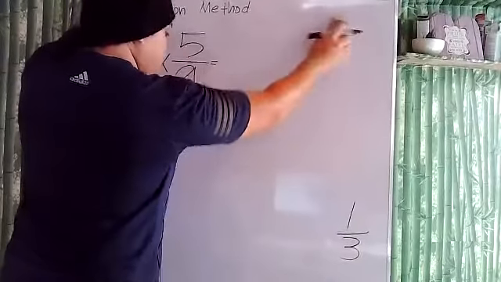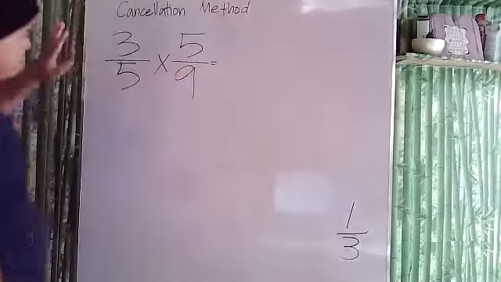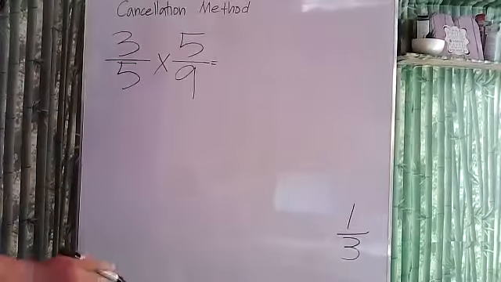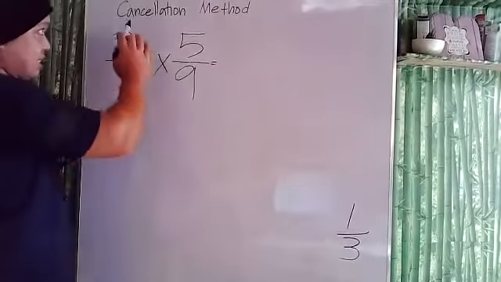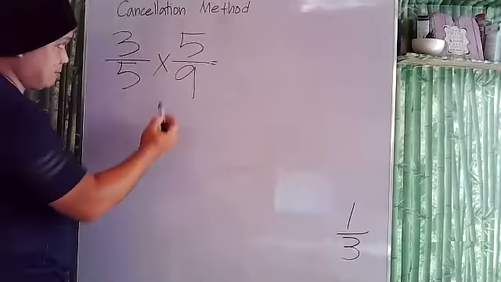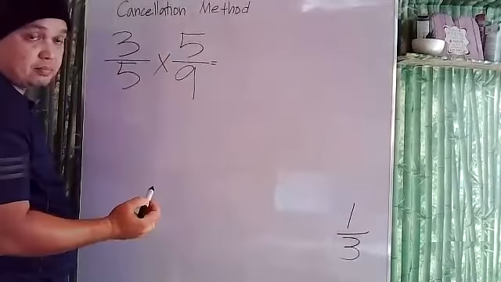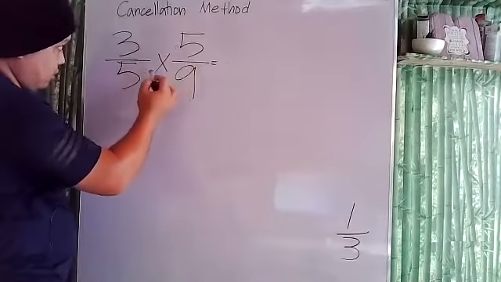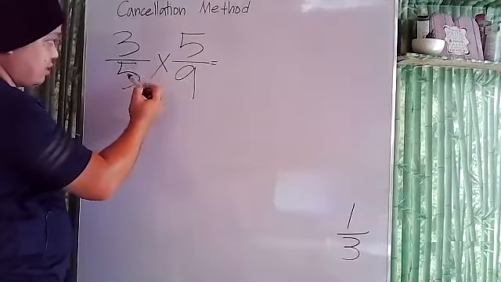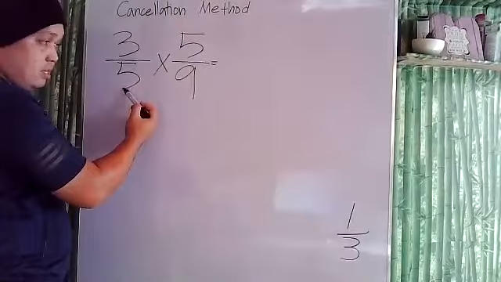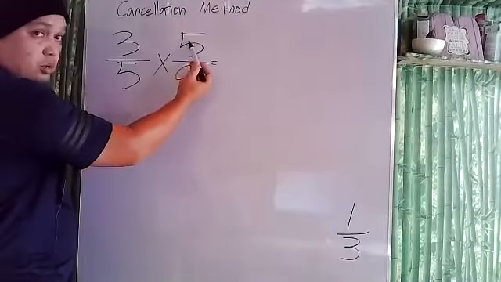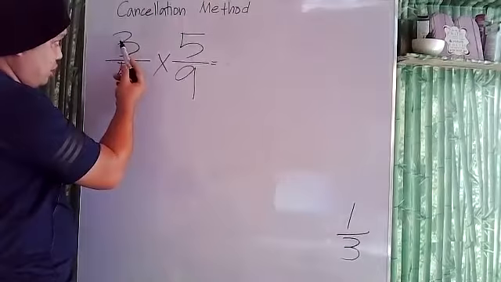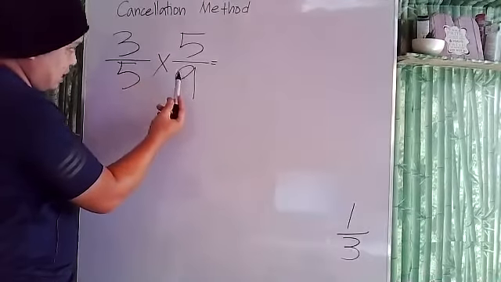So if we use the same fractions, 3/5 times 5/9, what we do in the cancellation method is we divide crosswise. We divide the denominator here, cross the numerator here, and the numerator here, cross the denominator here.